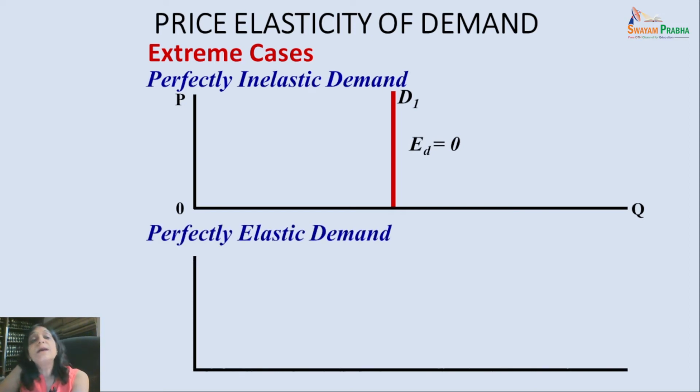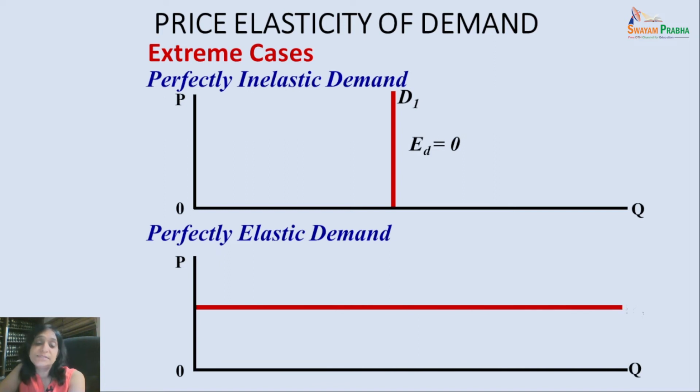Another case is of a perfectly elastic demand, where whatever the price, your demand curve will become horizontal. This D2 line which you see is a horizontal demand curve. It means a very small change in price will change your quantity demanded infinitely.